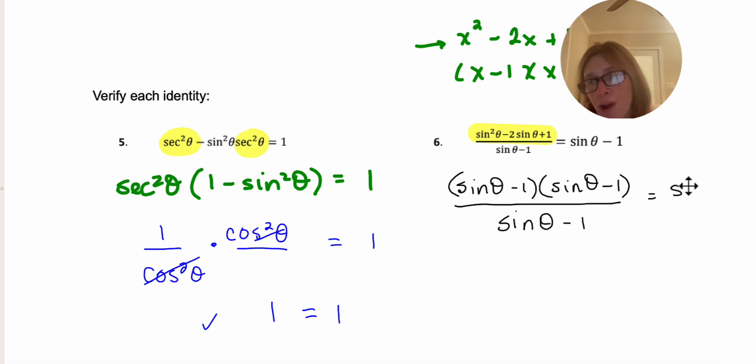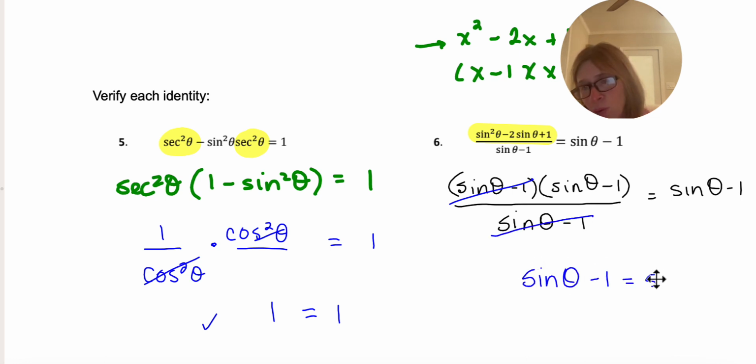Now, remember, you're trying to verify that it equals sine theta minus 1. Well, this factor will cancel with this factor, giving me sine theta minus 1 equals sine theta minus 1. Look at that algebra that I had to use there. I had to factor a trig expression. So yeah, you're going to have to start thinking like that.